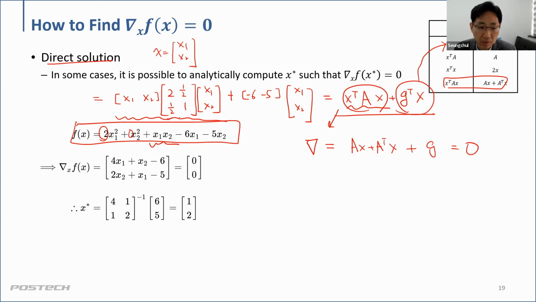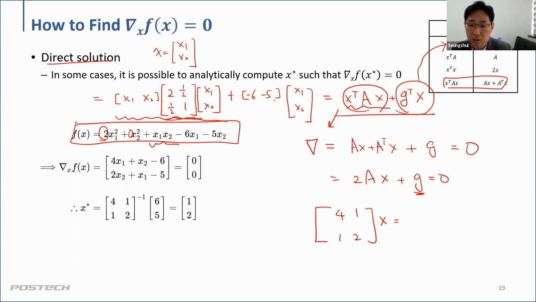And we know that the A matrix here is symmetric. So 2AX, and the A matrix twice, 3, 4, 1, 1, 2, X equal to minus, let me see, and we could have over there like that, right?